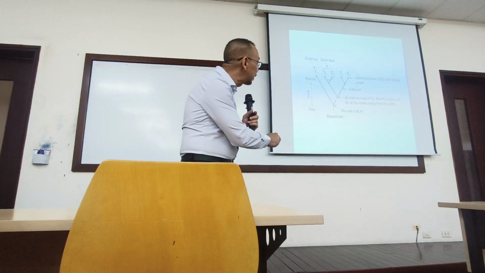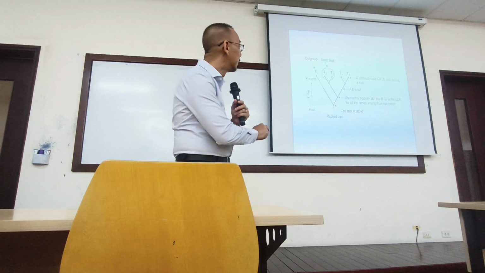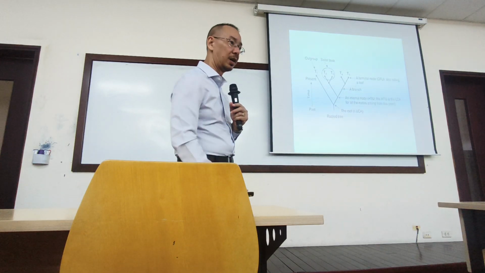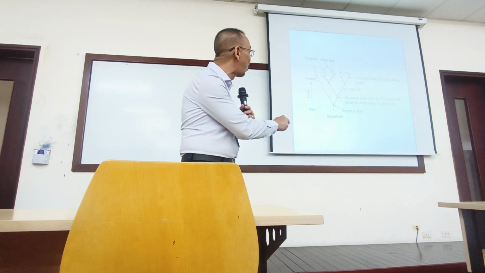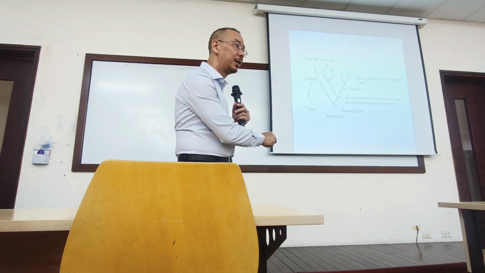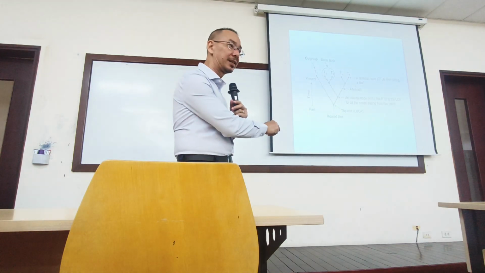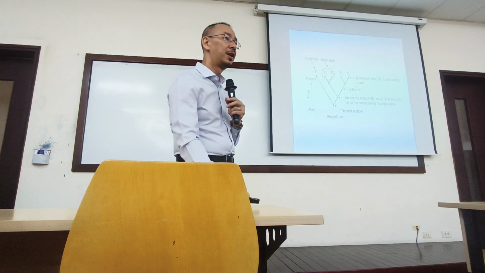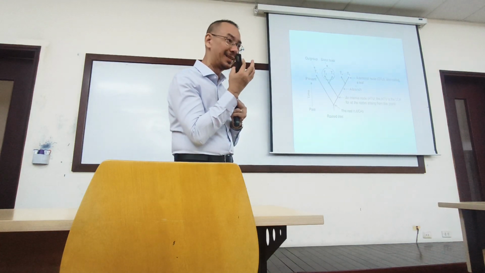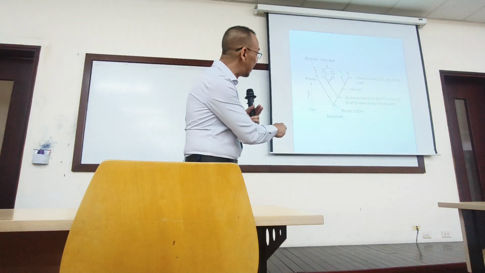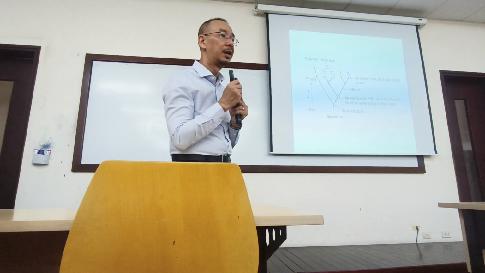And how many species does this common ancestor have? 4: T2, 3, 4, 5. If you look at this one, it is the common ancestor for all species, the root. So it depends where you look at the common ancestor, and the number of species present in that group is different, not the same.